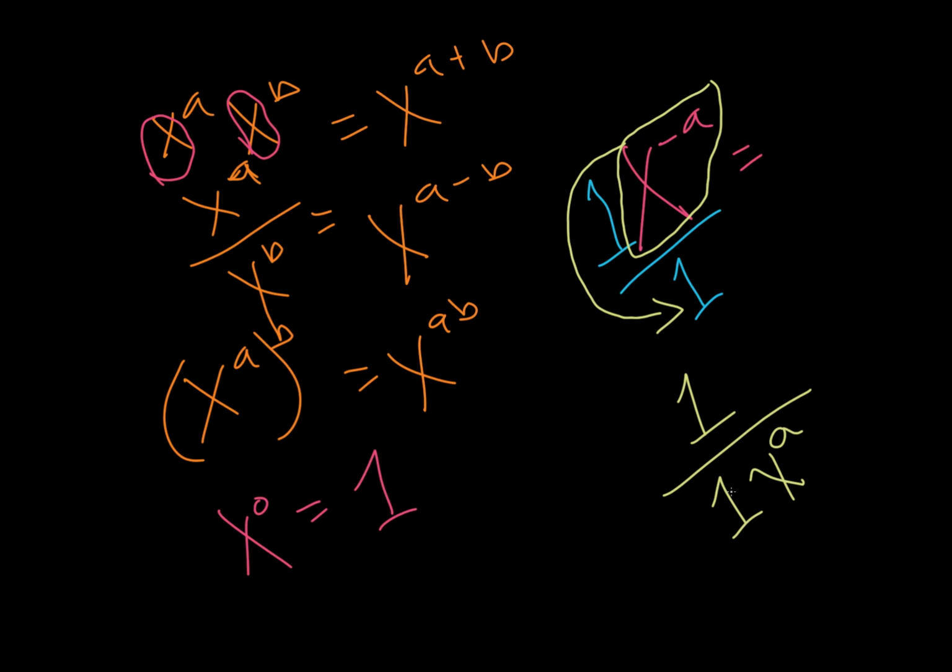Now this 1 on the bottom is redundant, so we don't actually need that. So the rule is x to the negative a equals 1 over x to the a. And a lot of kids interpret that as just flipping it upside down. I don't want you to think of it that way, because sometimes you're going to have positive exponents and sometimes you're going to have negative exponents in the same problem.